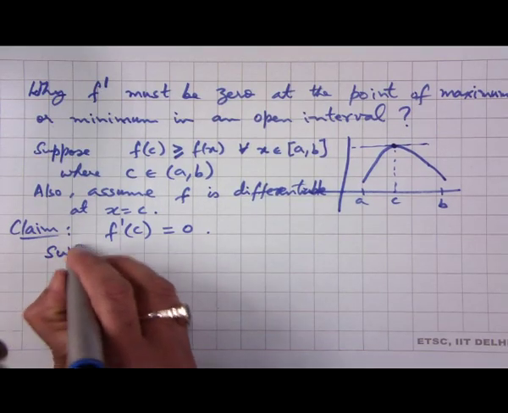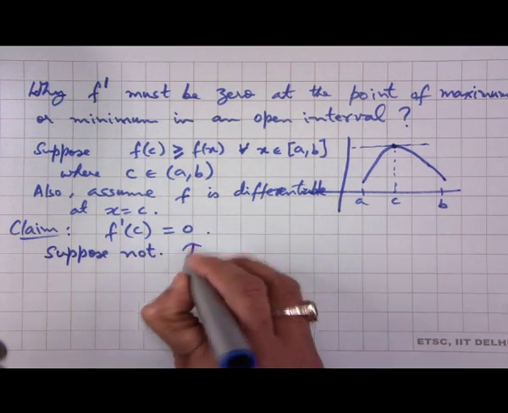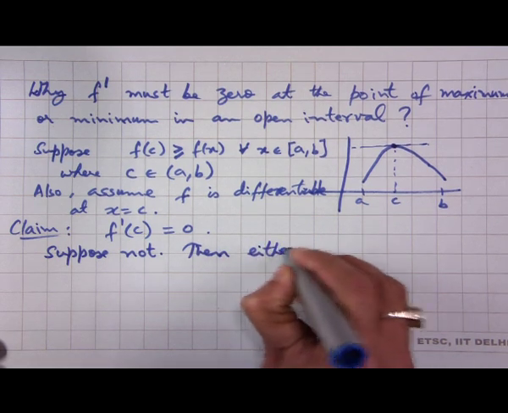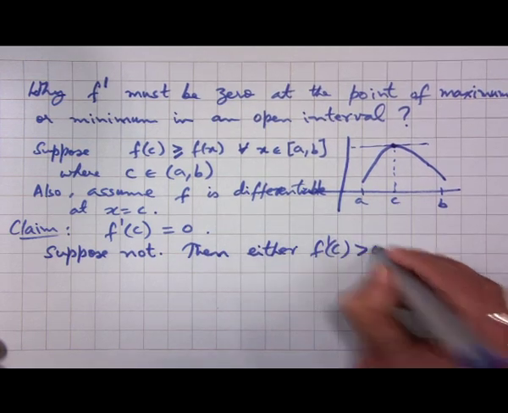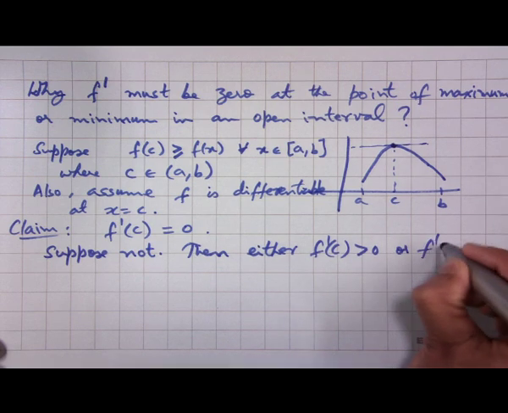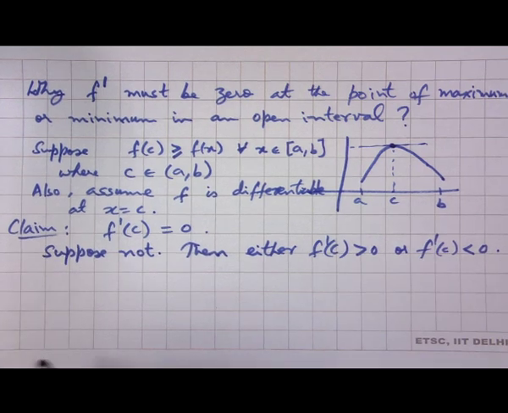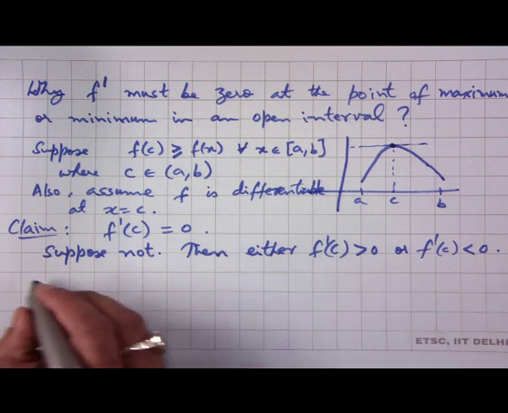Suppose not, then either f prime c is greater than 0 or f prime of c is less than 0. Now, what happens if f prime c is greater than 0?